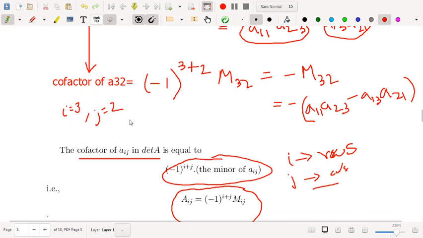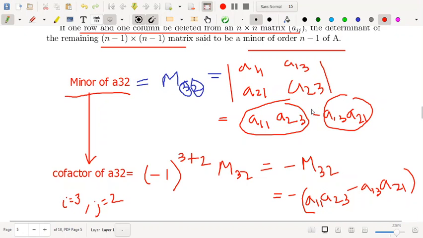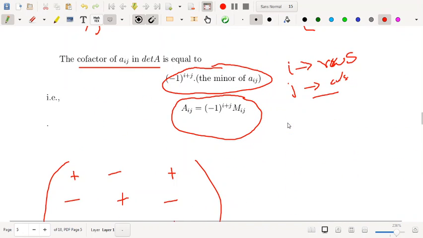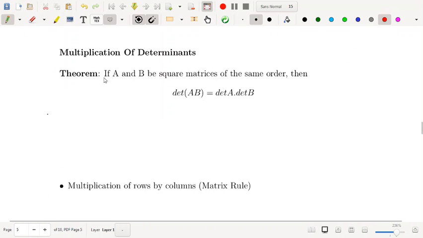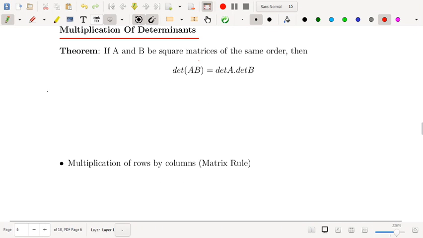So remember, cofactor is a signed minor, but in a minor there is no sign. Okay, clear? This is how we deal with the cofactor and minor. Next I will explain a short lecture on multiplication of determinants.